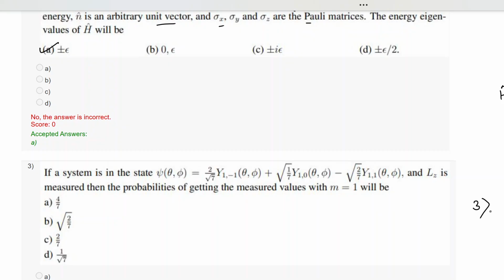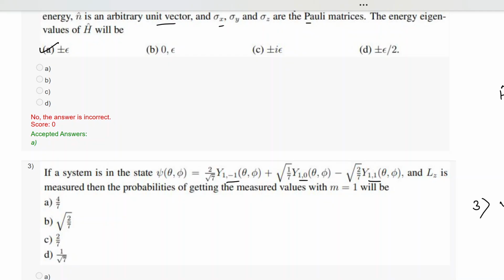We can also solve it here because this will be a short problem to solve. This is a linear combination of Y_lm theta phi.